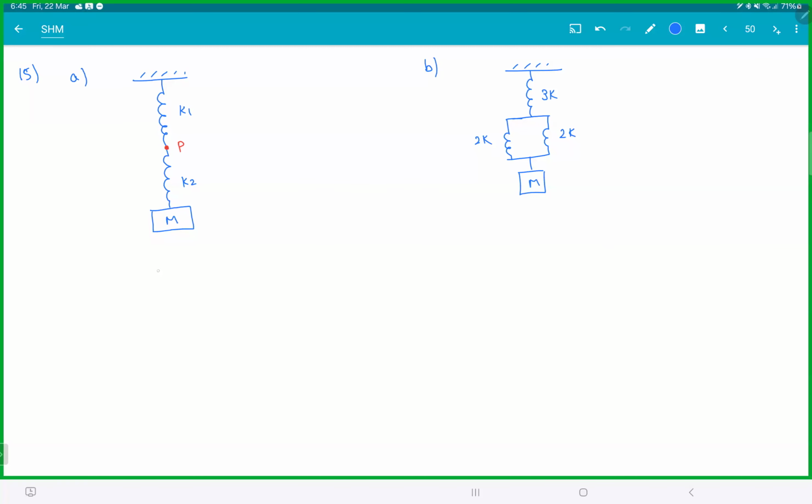So find the time period. If the block has amplitude A, that means the block is going up and down with an amplitude A, what is the amplitude of point P? So how much is this P going? Time period is easy.